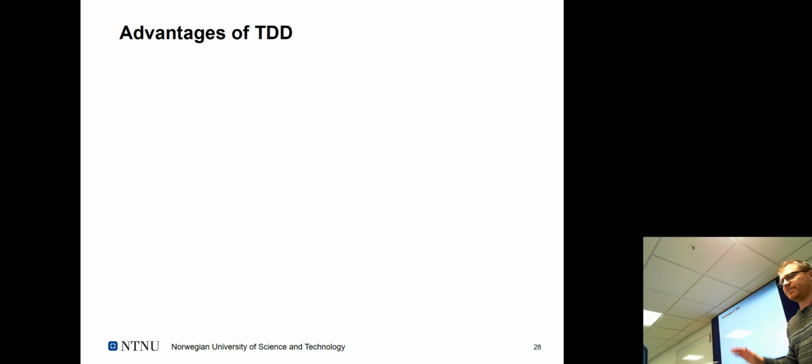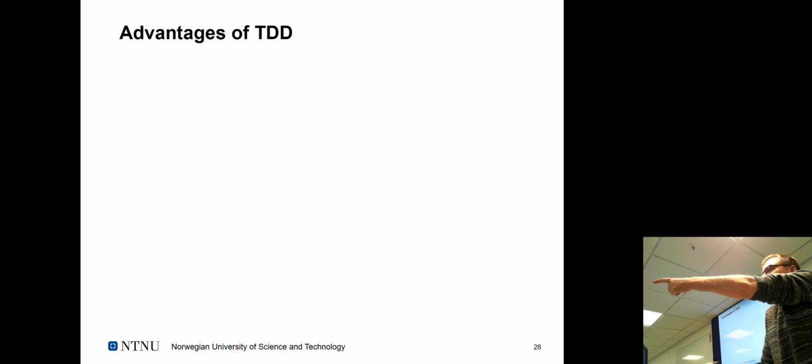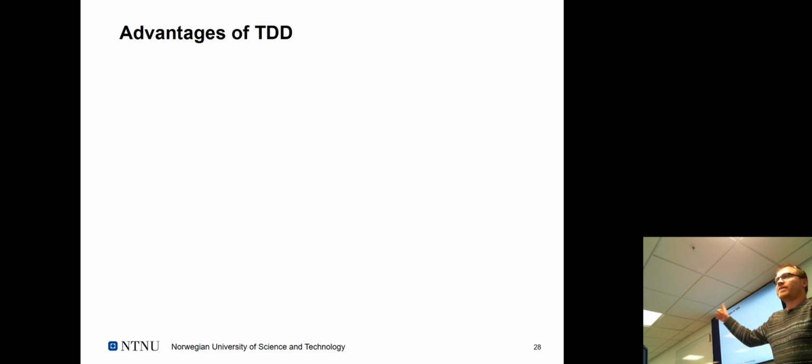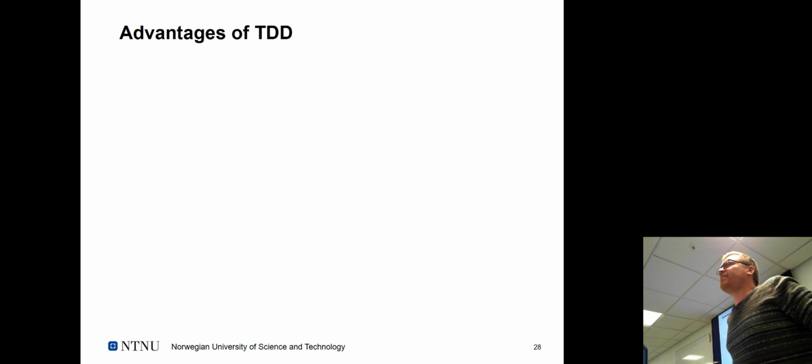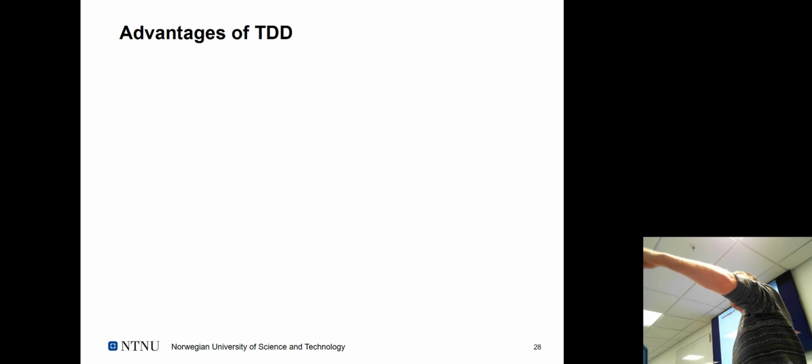Cool. Advantages of TDD. What's the advantage of TDD? You guys need to know that. Why do we do test-driven development? Yep, please. You'll make sure that all your code is tested from the beginning. Cool. So it guarantees full code coverage. Victor first, and then you.